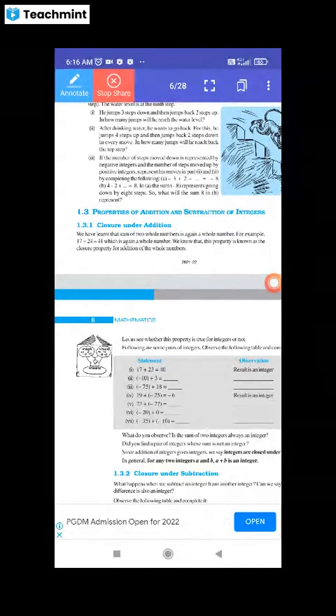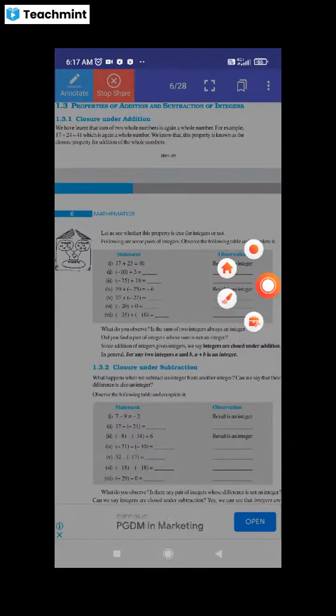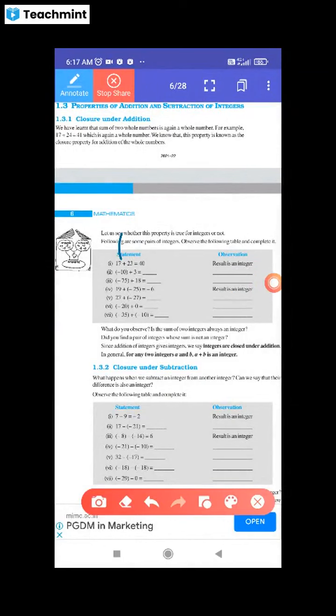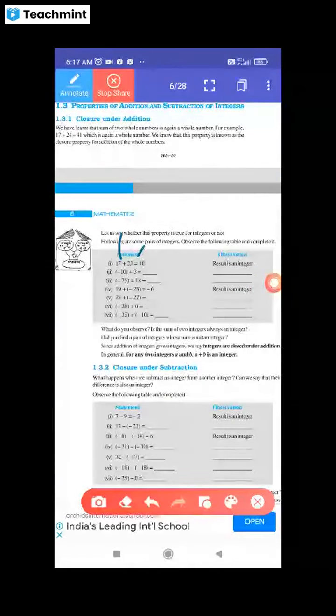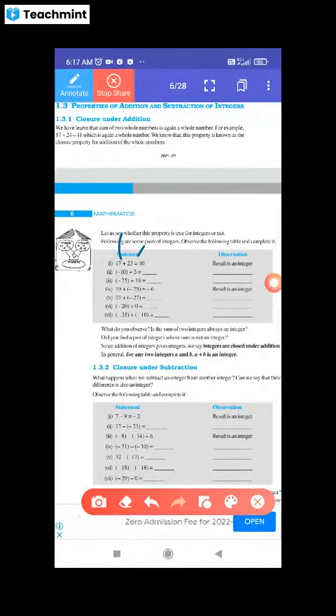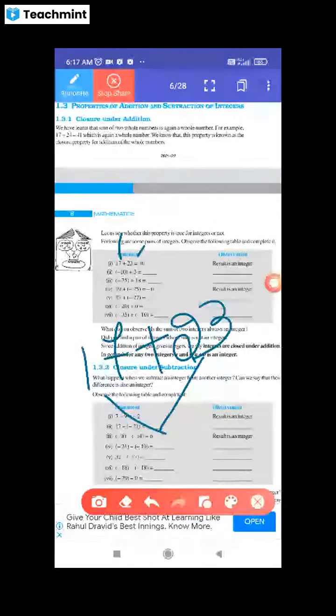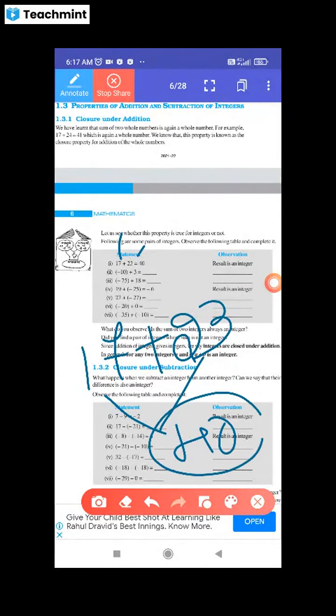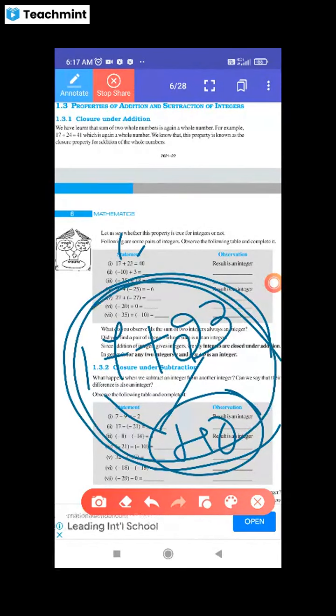So here the first property is closure under addition. It means what? You know that 17 is also an integer, and 23 is also an integer. So after addition of these two integers, again you will get the answer 40. 40 is also an integer. So this property we can consider as closure property.